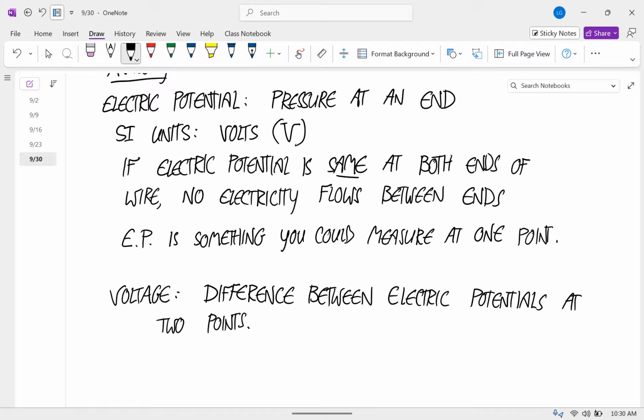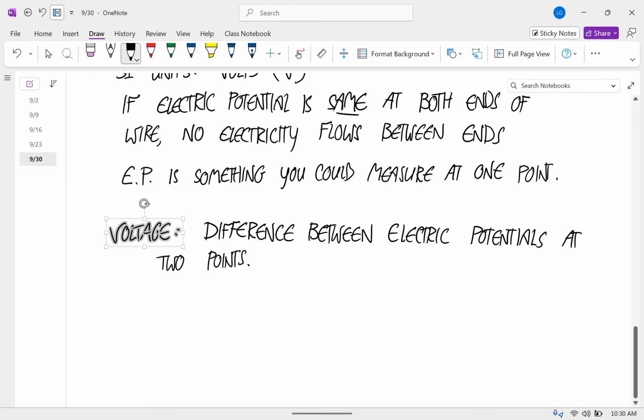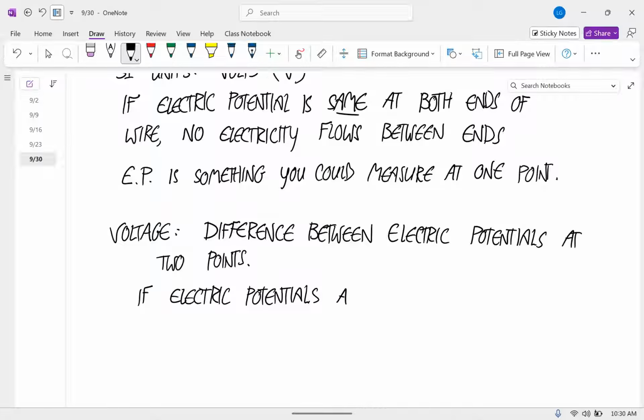So for example, if the electric potentials at two ends of a wire are the same, then the voltage between those ends is zero.